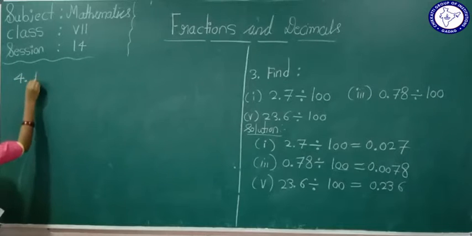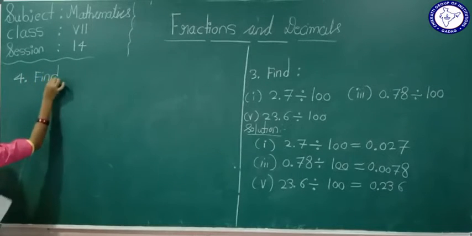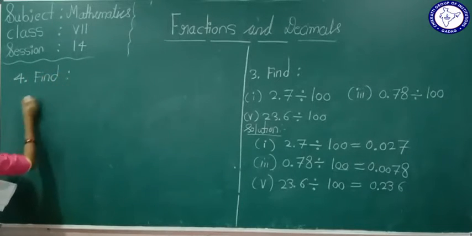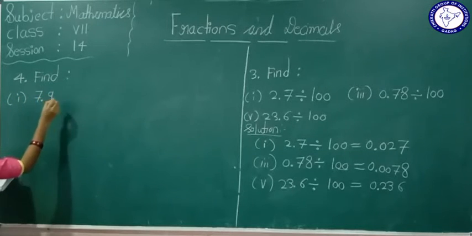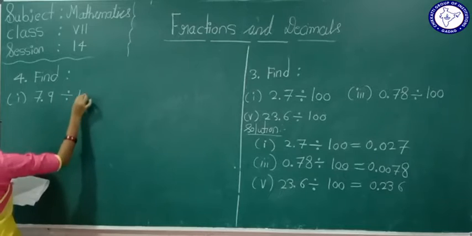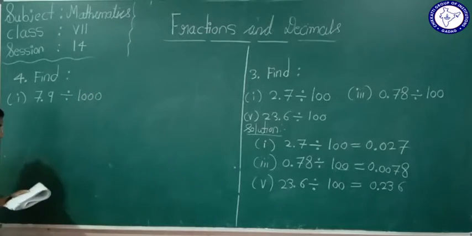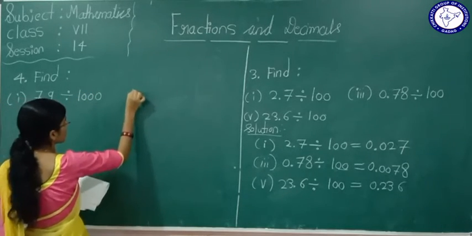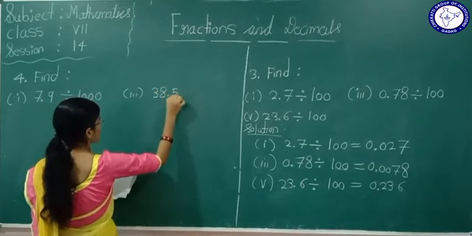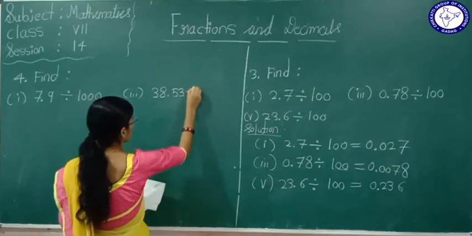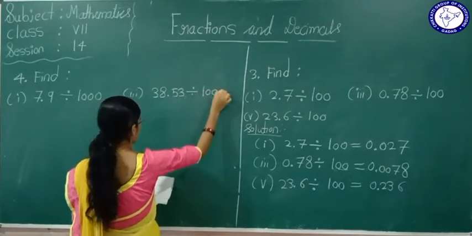So fourth one here. Find, first one, 7.9 divided by 1000. Third one, 38.53 divided by 1000.